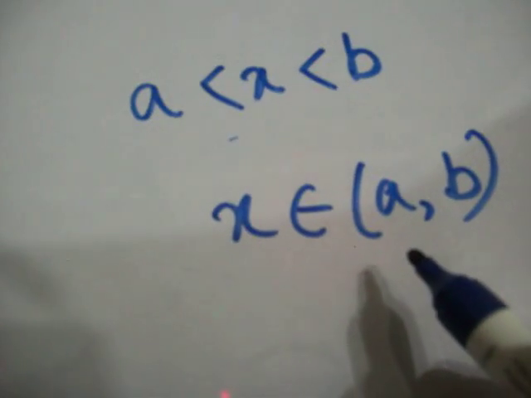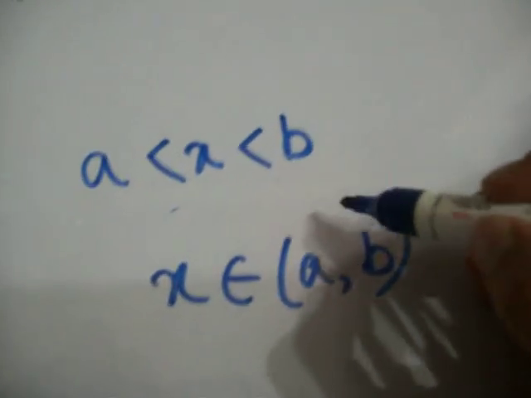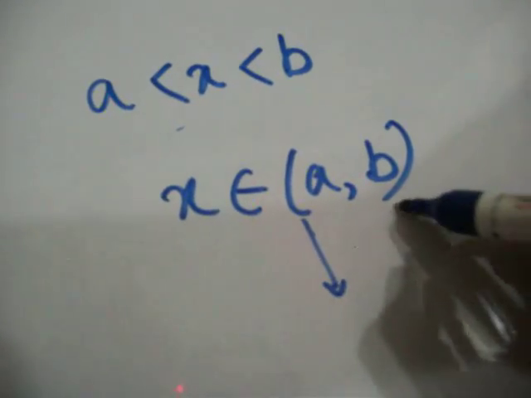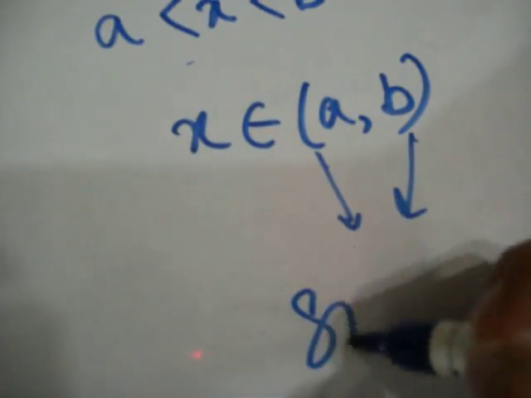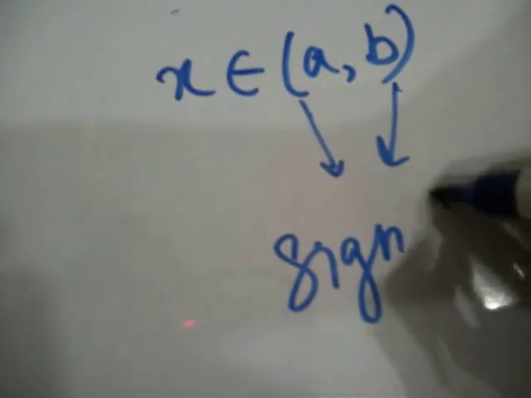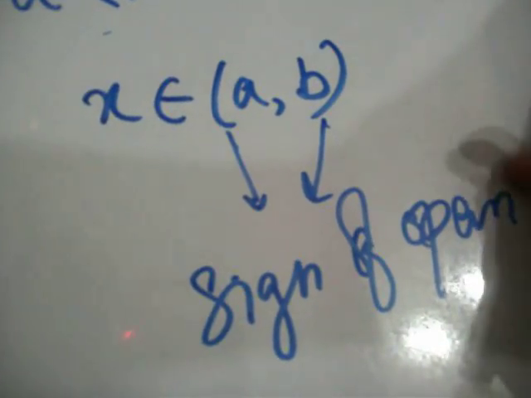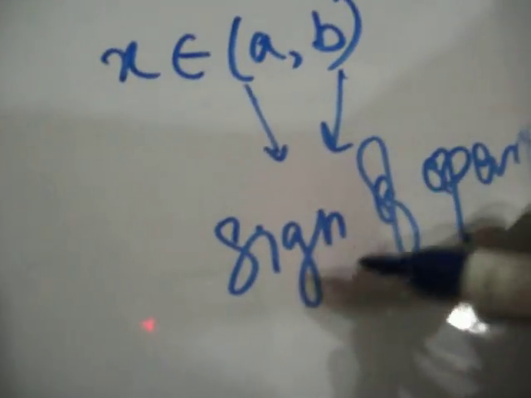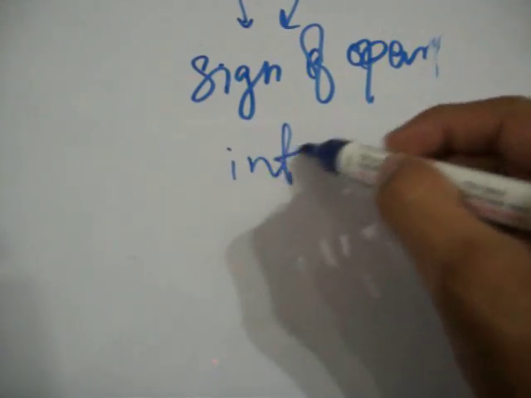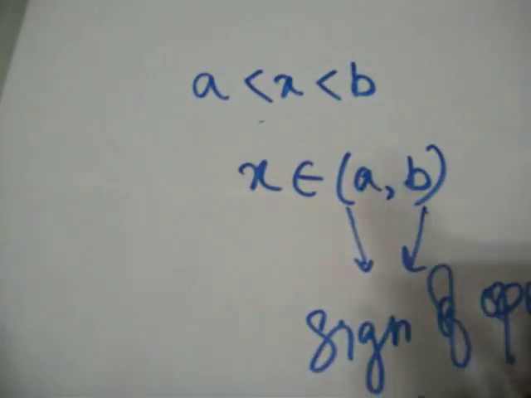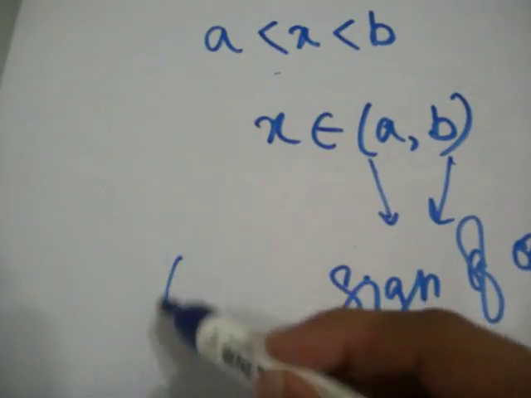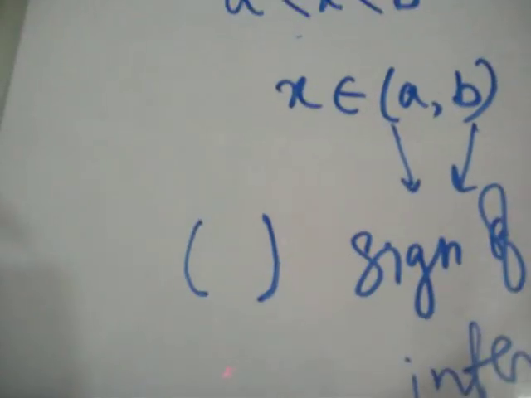This is a sign of an open interval. This curved bracket is a sign of an open interval.